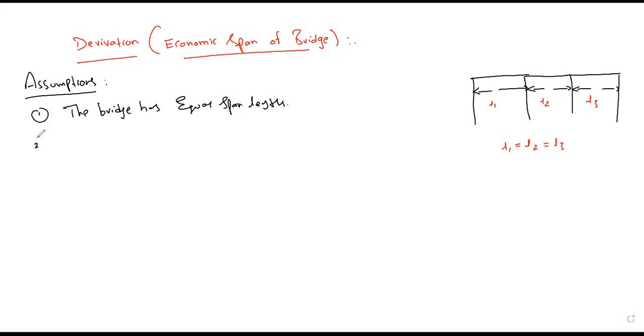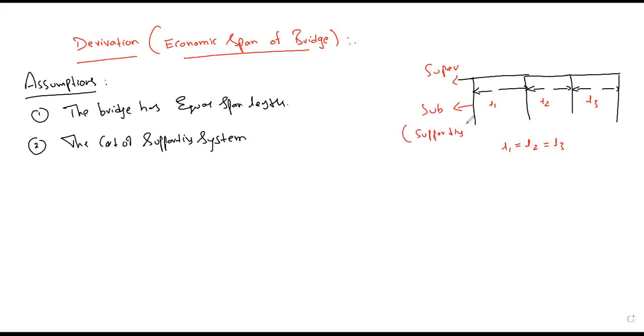Okay, next one: the cost of the supporting system. What do you mean by supporting system? This is the superstructure and this is the substructure. The substructure is the supporting system. Clear? So the cost of the supporting system of the superstructure varies as the square of the span length.